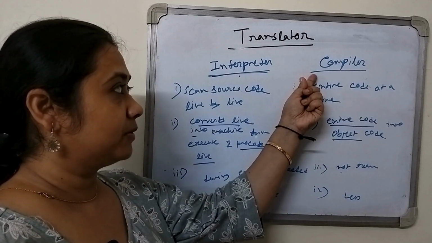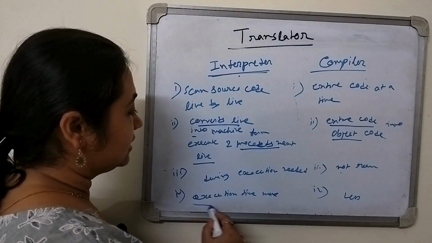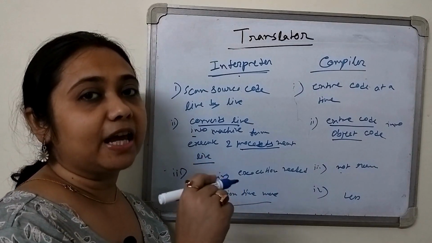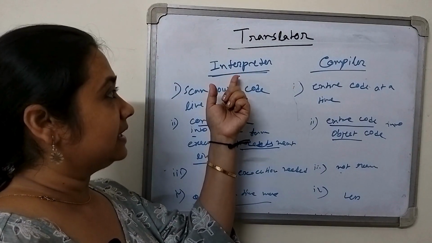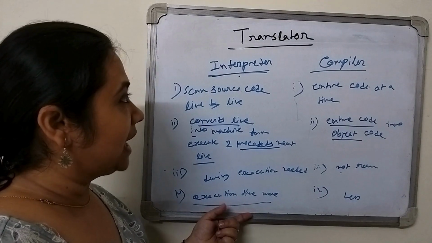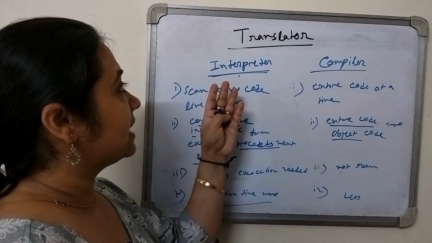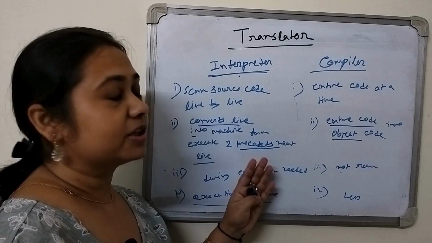Next, execution time is more in the interpreter. Why? Because at the time of execution, each and every line is checked and converted by the interpreter, so it takes much more time, but the compiler takes less time. So this is the difference between the interpreter and the compiler.